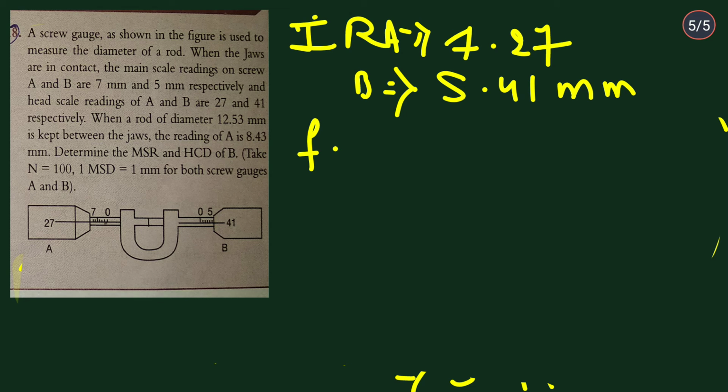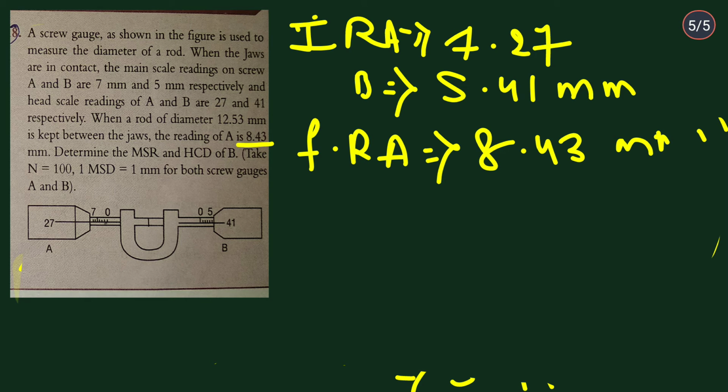The final reading of A is given in the question, 8.43 millimeter, and the diameter of the object is given as 12.53 millimeter.